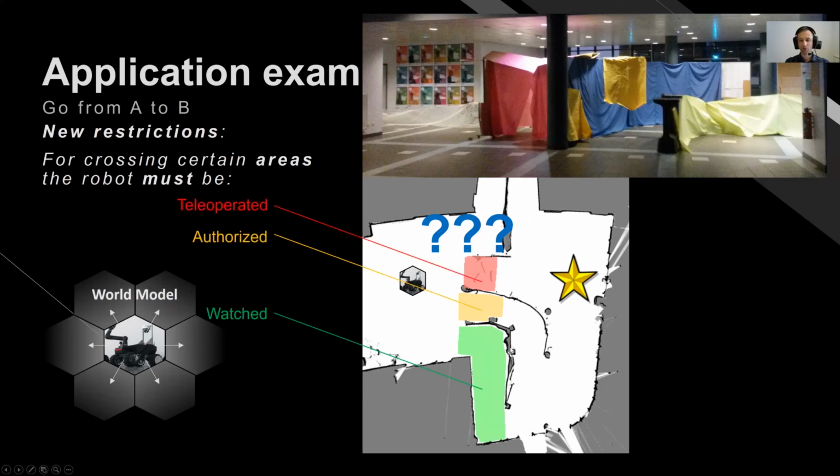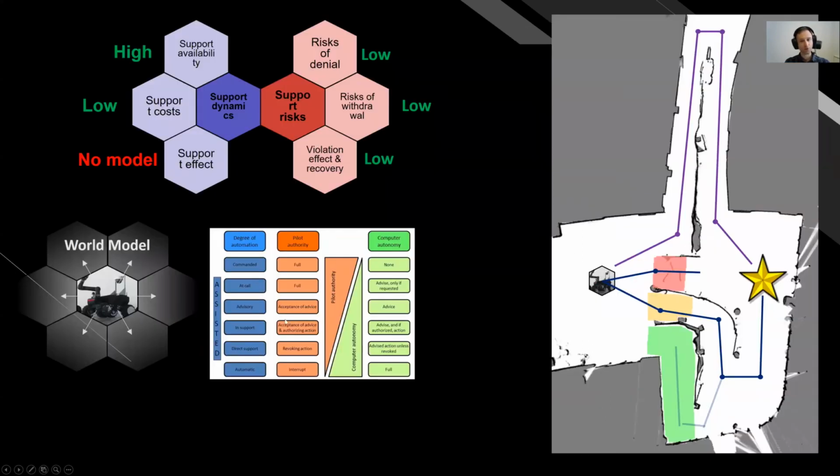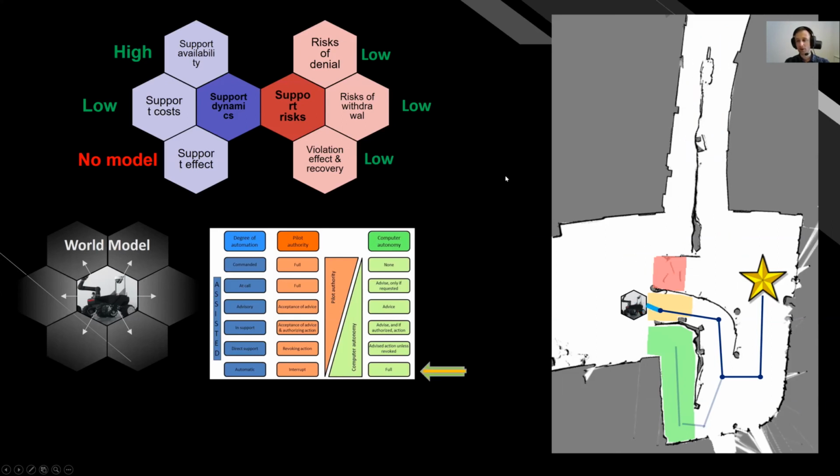So typically we want the robot to be watched there, authorized to be there, and teleoperated to be there. And now the robot has to deal with this new variable. Let's see, for instance, we take the same problem and everything is easy to get for support, but there is as yet no model for the effect of support. So in that case, the robot starts in full autonomy, it starts to move to its goal, and then as it gets closer, it says, okay, now I want to be authorized before getting there.